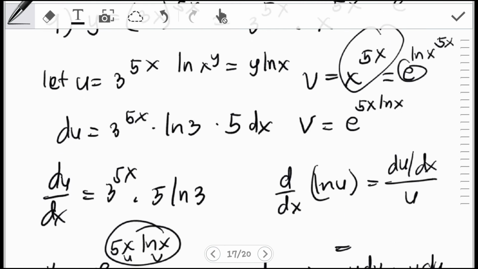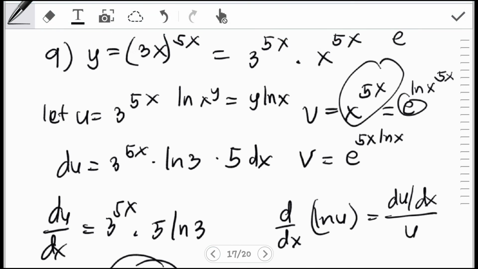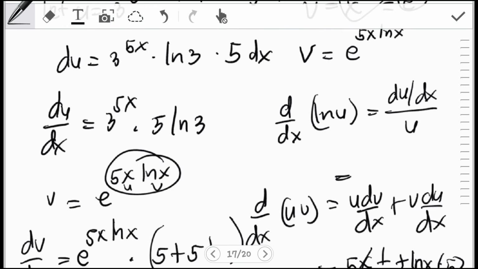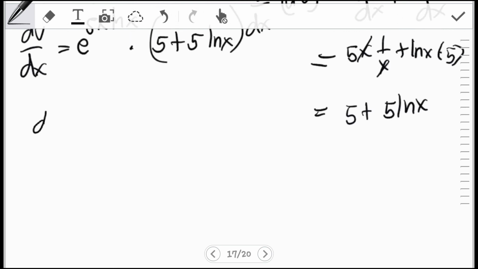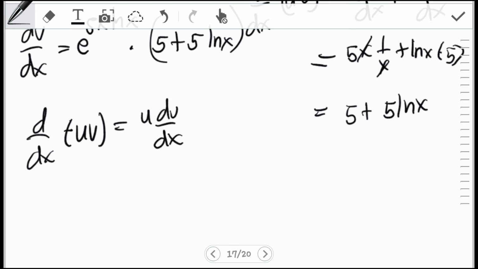So again, since the problem given is a product, we use this formula again: d over dx of uv is equal to u dv over dx plus v du over dx.